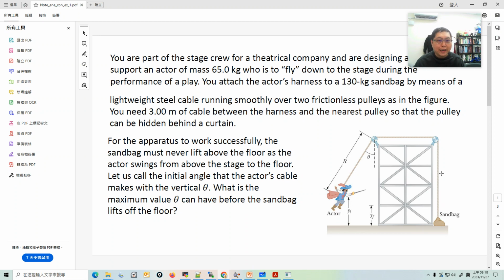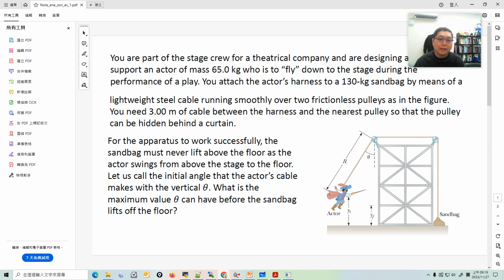I think in class I said the actor wants to lift the sandbag when he swings from I to F, at F he wants to lift the sandbag up.